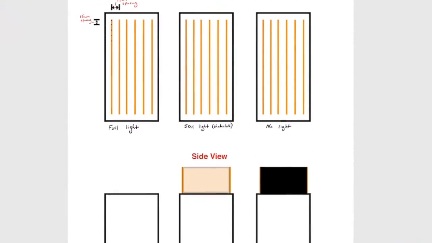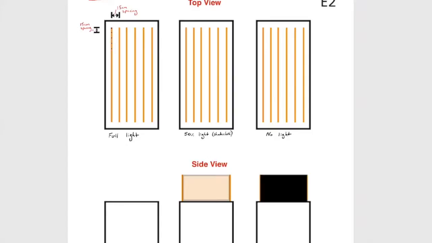So here's an example of a diagram of the layout of the trial. So we had 3 garden beds. You can see this is the top view up here, and the top view shows what it looks like from above. So we have full light, 50% light, and no light. This is without the cover so that you can see what's going on. And you've got 6 rows in each one that are evenly spaced 15 centimeters apart.